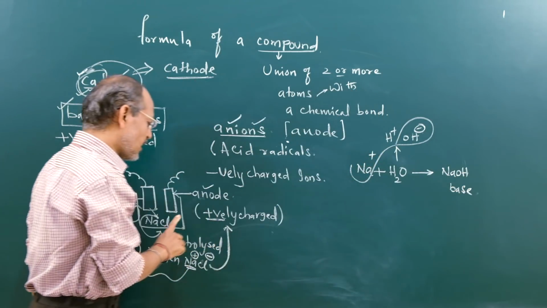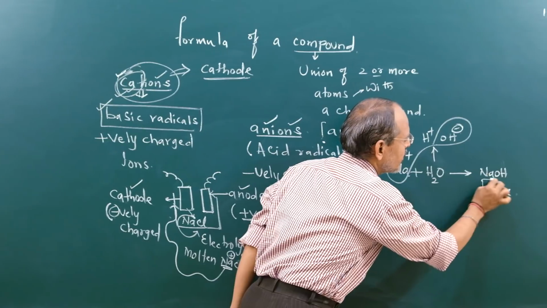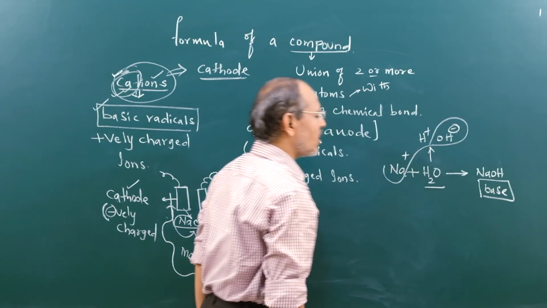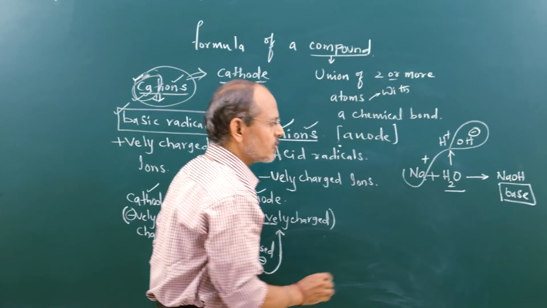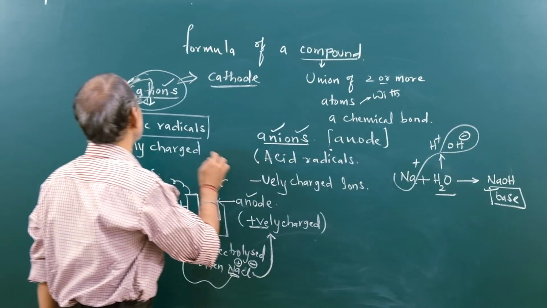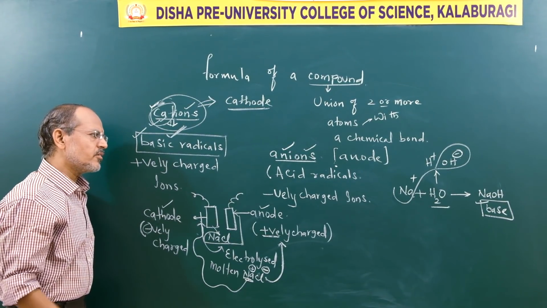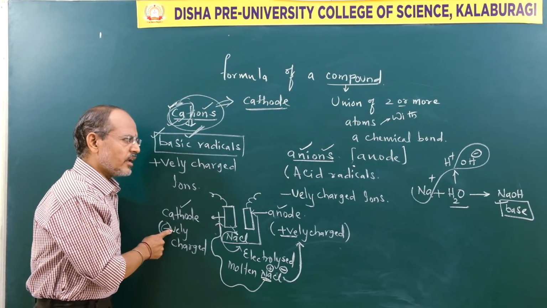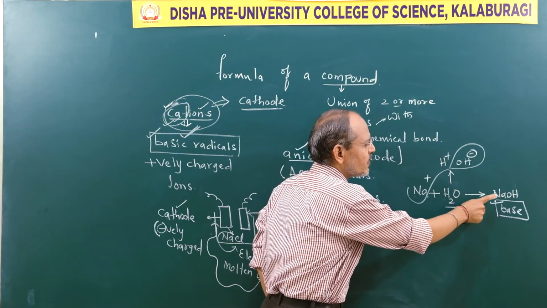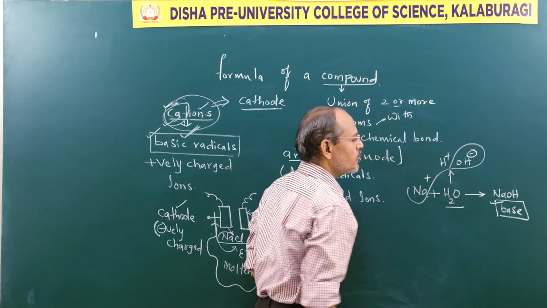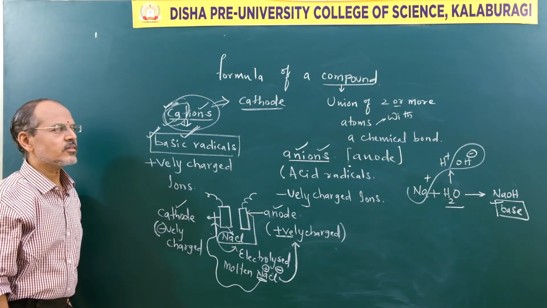That means these ions or atoms have a capacity to form a base when they are combined with the water. So therefore they are called basic radicals. It is because when these ions or atoms are dissolved in the water, they form bases.